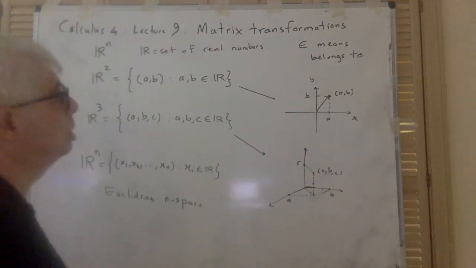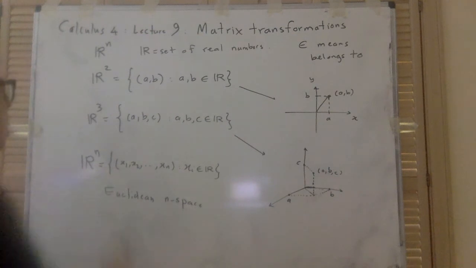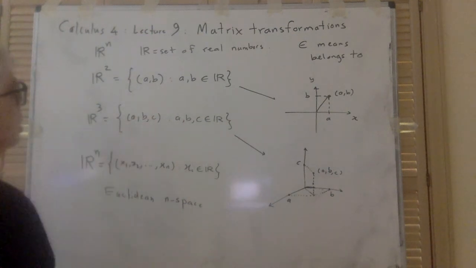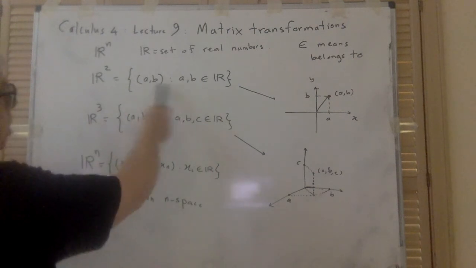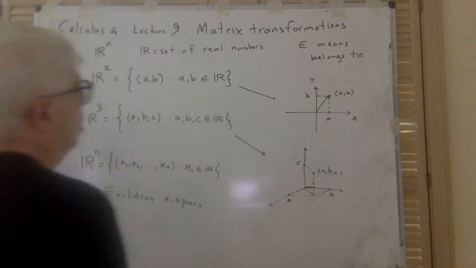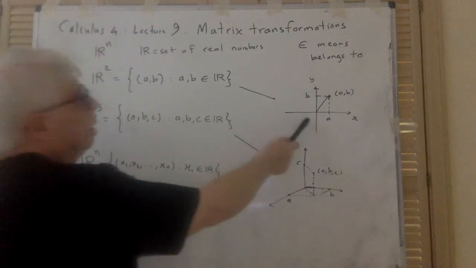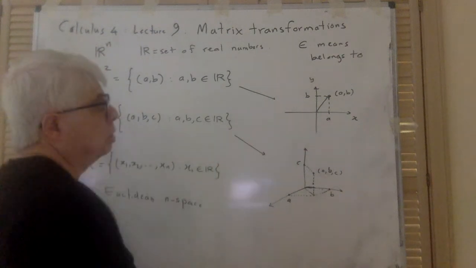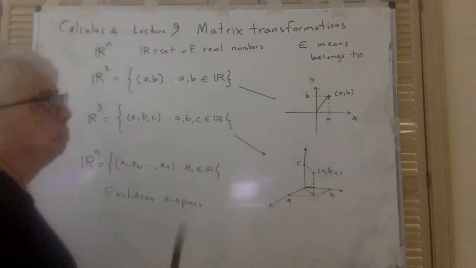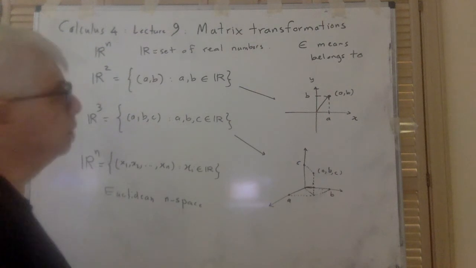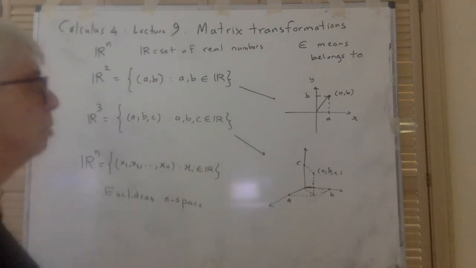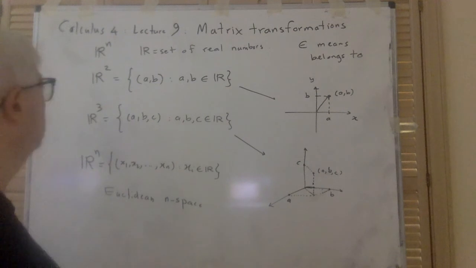It means belongs to. R2 is the set of ordered pairs AB, such that A and B belong to R, and this is the geometric representation of R2, that is the XY plane, which you know from college algebra somewhere.